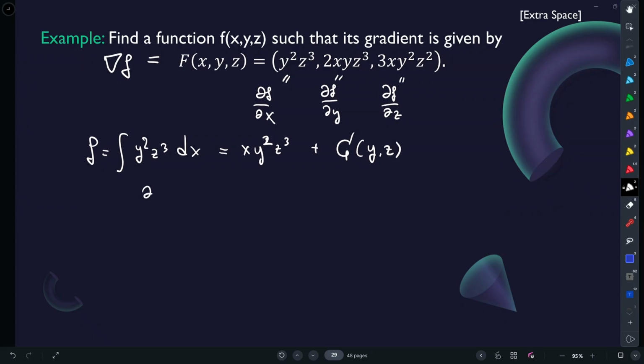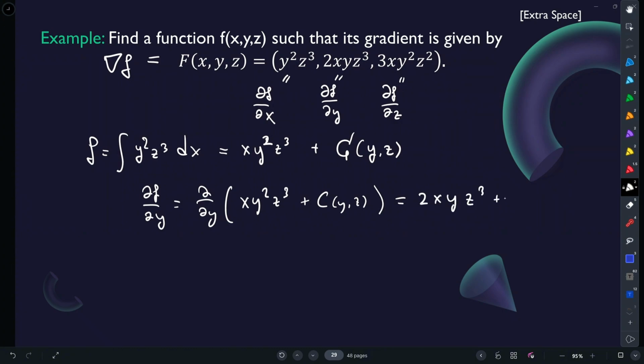So now I test what function that could be so that it works with the other derivatives. Take the partial with respect to y of what I just found. And what do I get? I get 2xyz cubed plus the partial with respect to y of that function. But this has to be equal to this component.